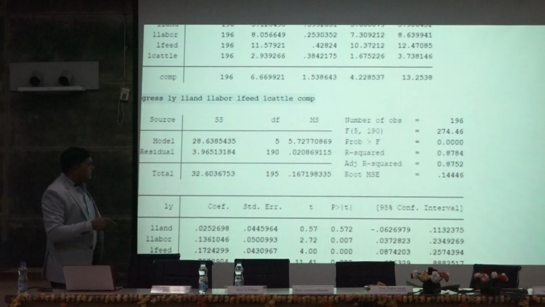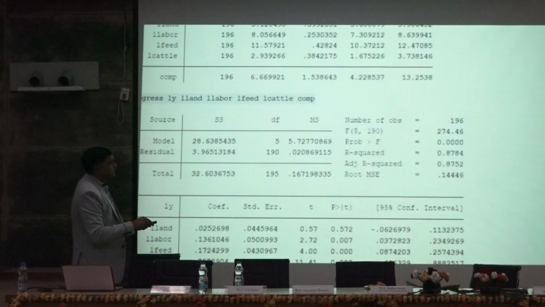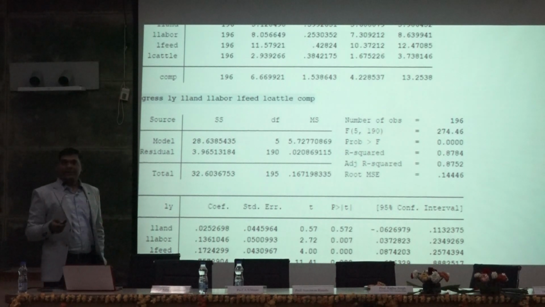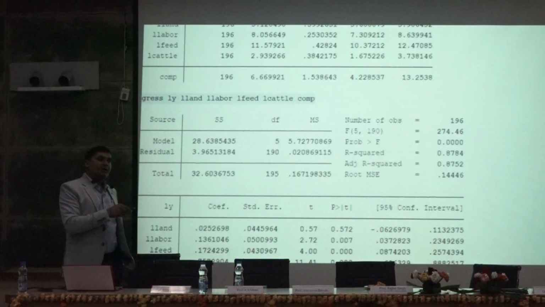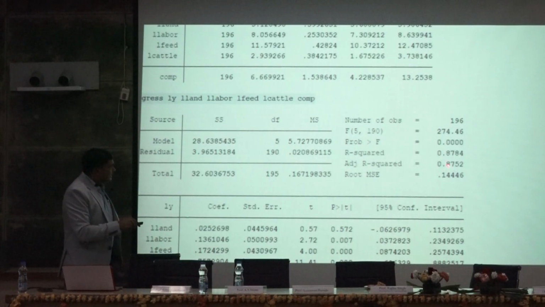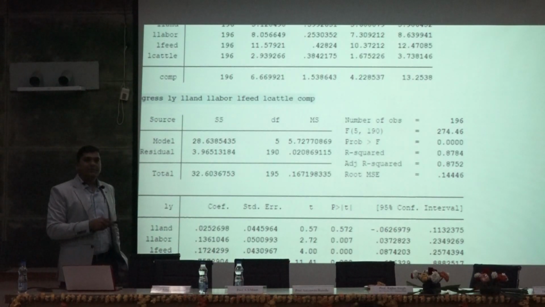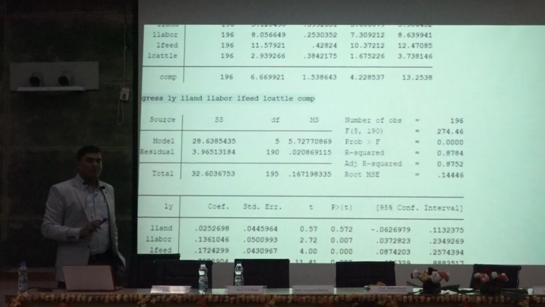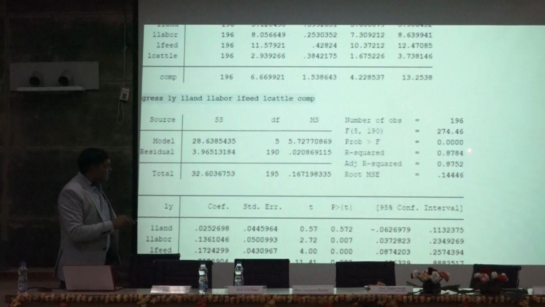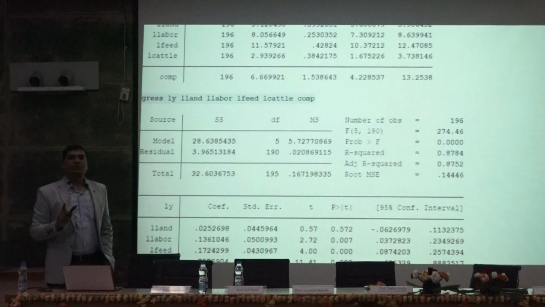So this much is the amount of variation explained by the independent variables under consideration in the dependent variable. This is 87%, so that means our model is good. This is the goodness of the model.